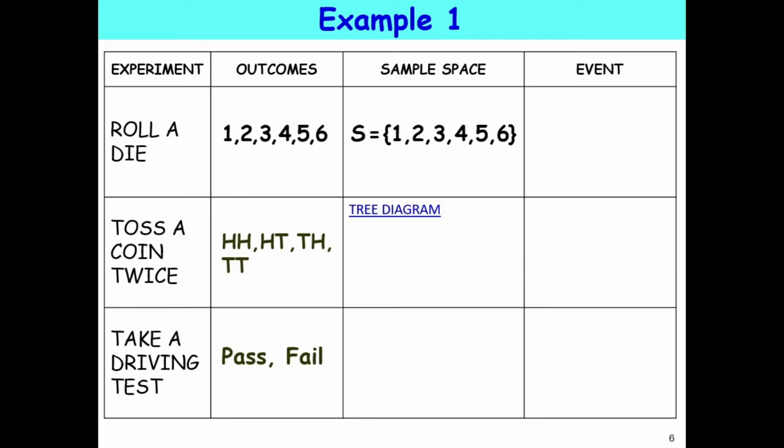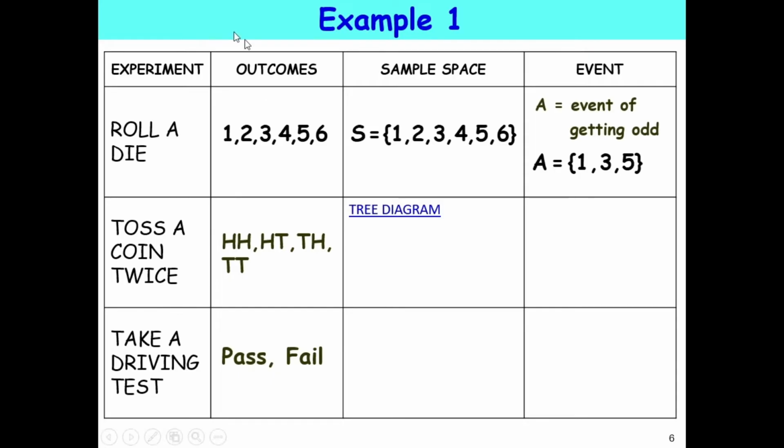Let's say I create an event, for example, the event of getting an odd number. So from the list of the sample space here, the odd numbers are 1, 3, and 5.